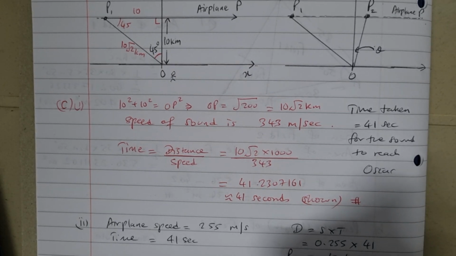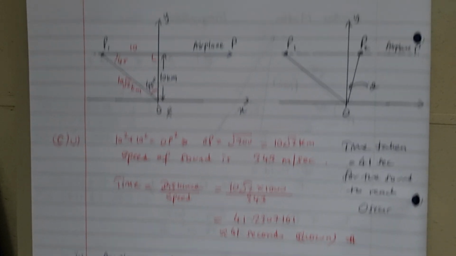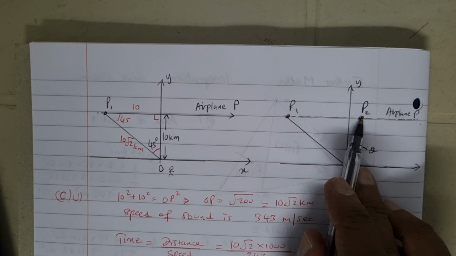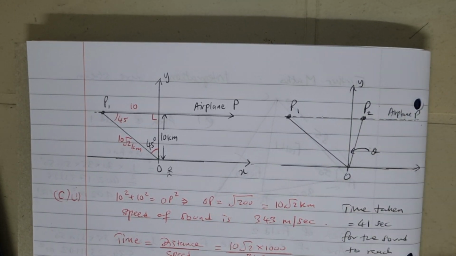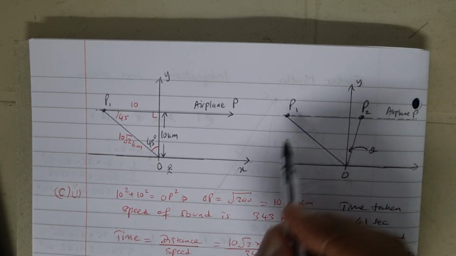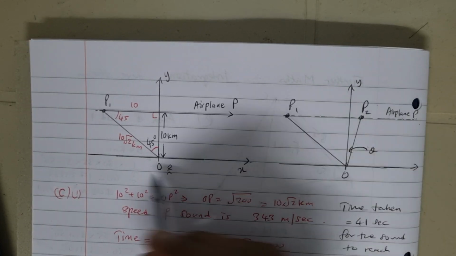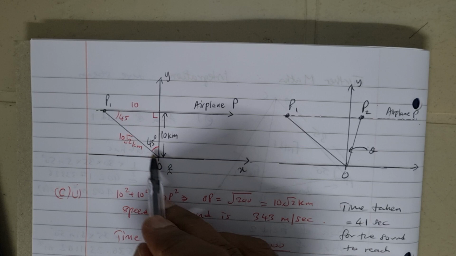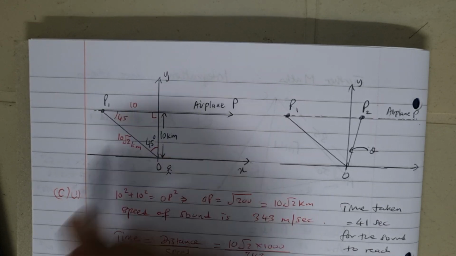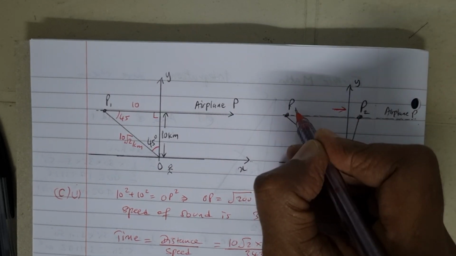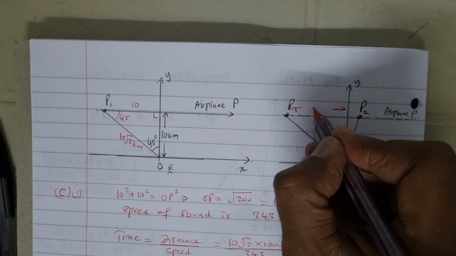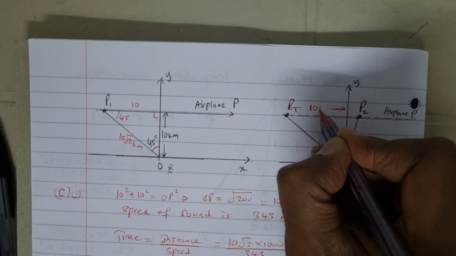Let me just write this down. P1 to P2. So if this whole distance here is 10.455, we did observe that this part is 10 kilometers, basically.